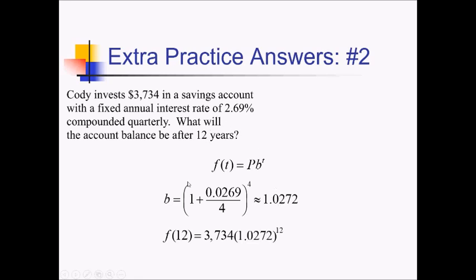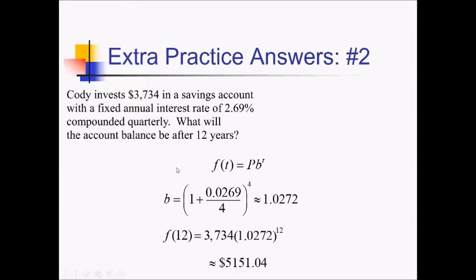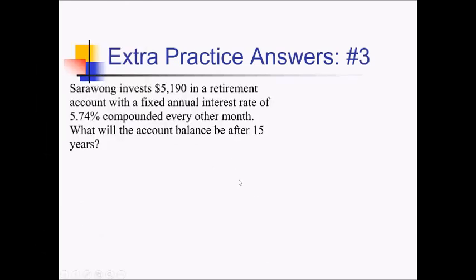Plugging all that in with my whole B value, that's going to be about $5,151.04.